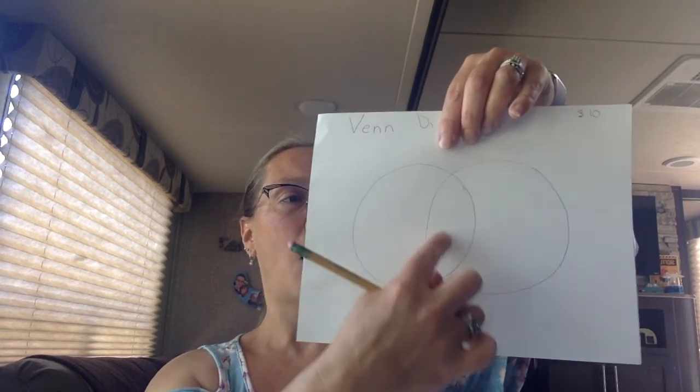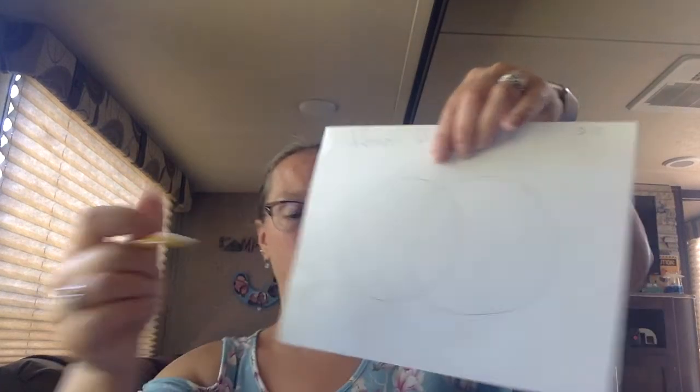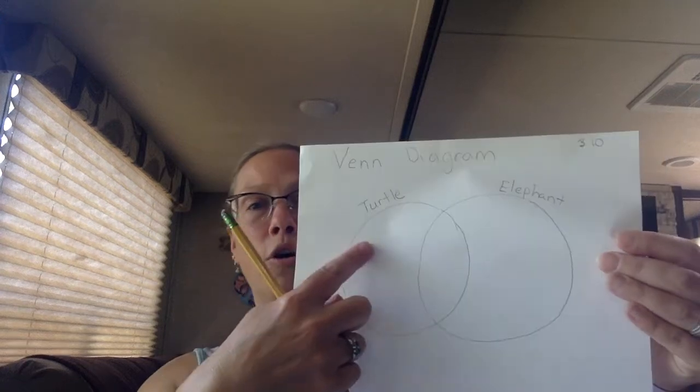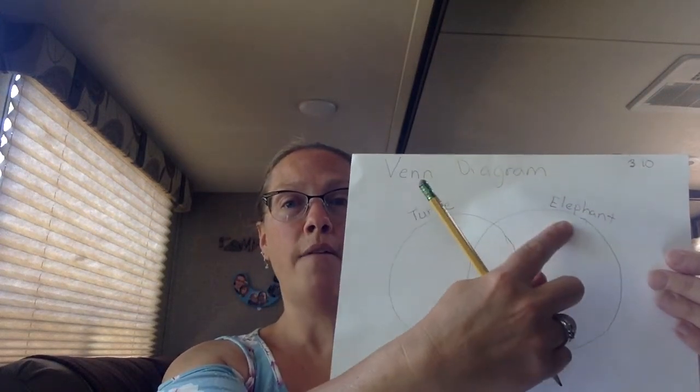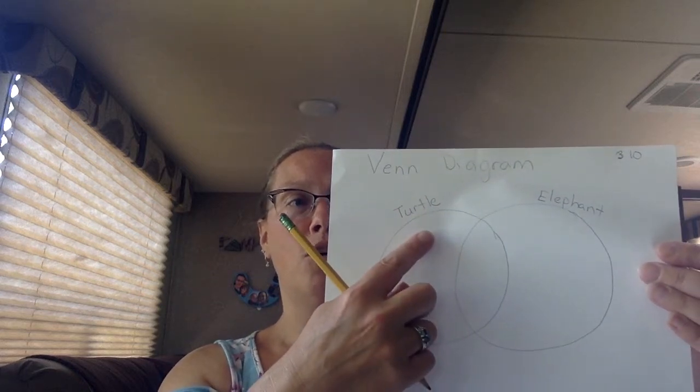How the two items are the same goes in the middle. We are going to do turtle, and we are going to use elephant. We are going to show how turtle is different than elephant, and how elephant is different than turtle, and how they are the same.